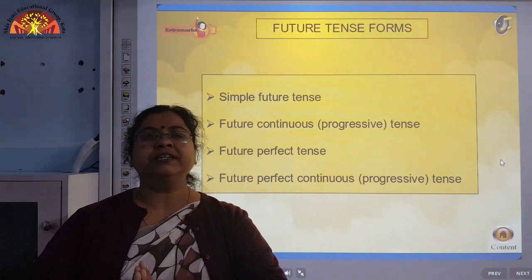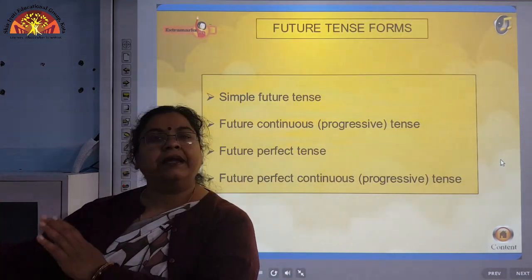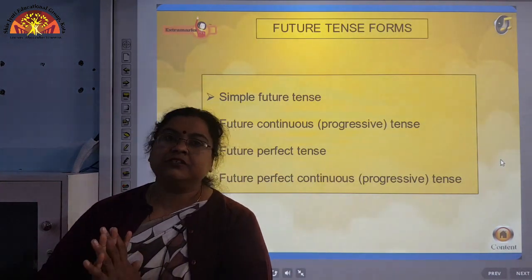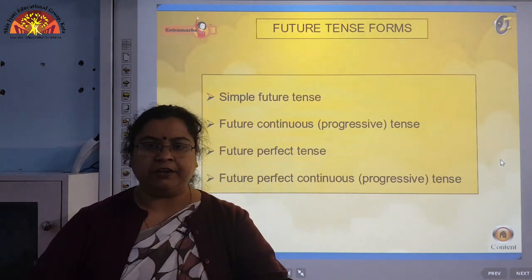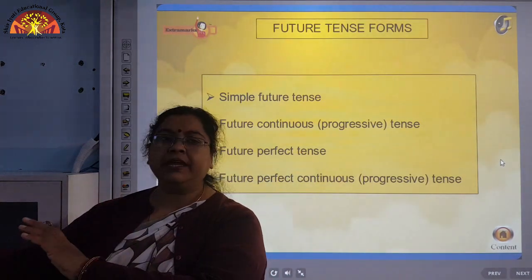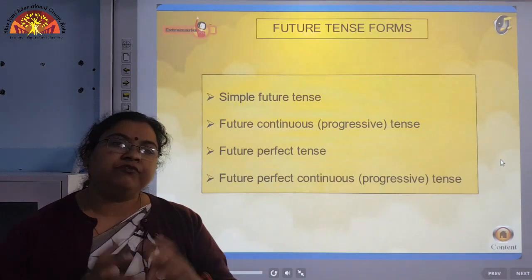At present we are talking about it and we expect that action to happen in future. A certain action which has not taken place up till now, but we expect that it will be taken up in future. That is future tense.